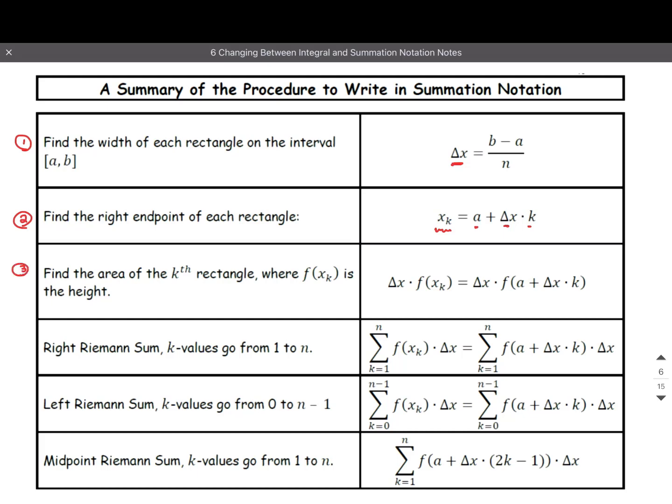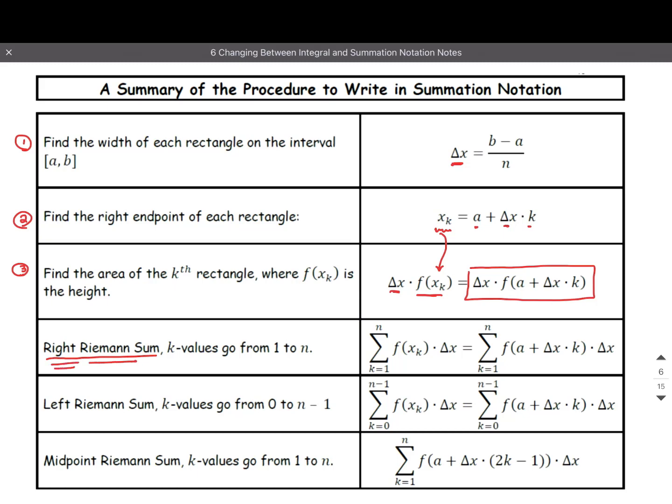Next thing is you're going to find the area, which means you're going to do delta x times, and you're going to plug that x of k into f. And this one, delta x times f of a plus delta x k, might be the easier one to use. Now, we've been doing a right Riemann sum, okay, a right one.